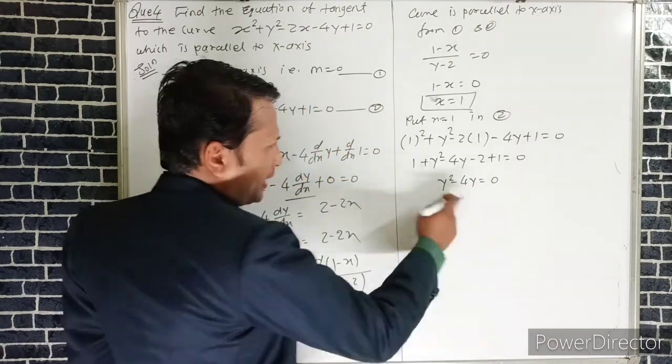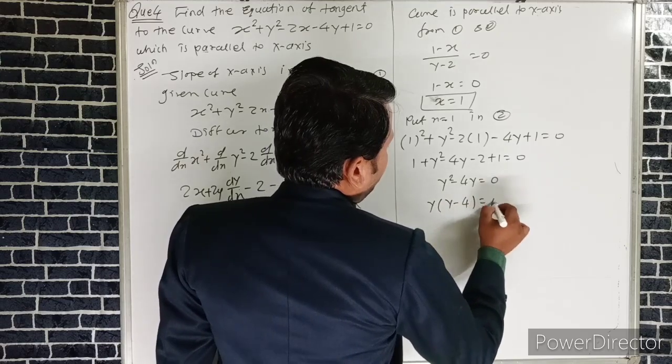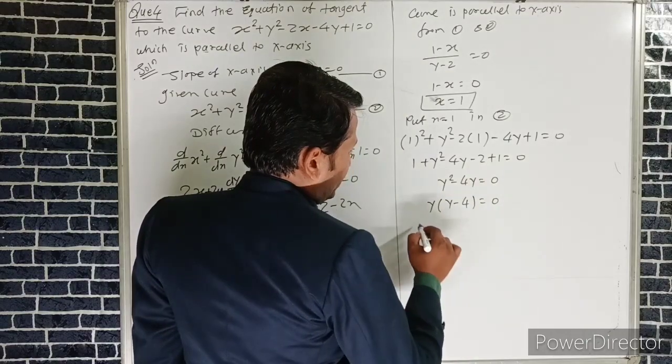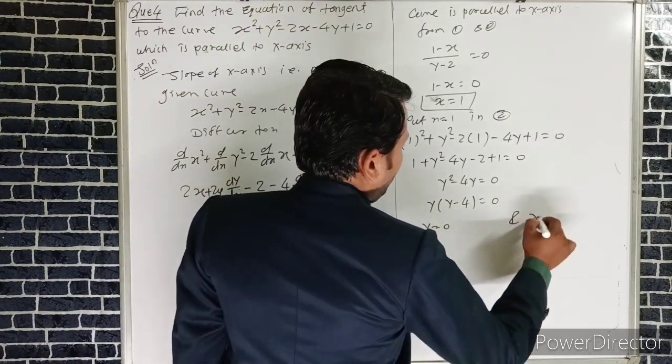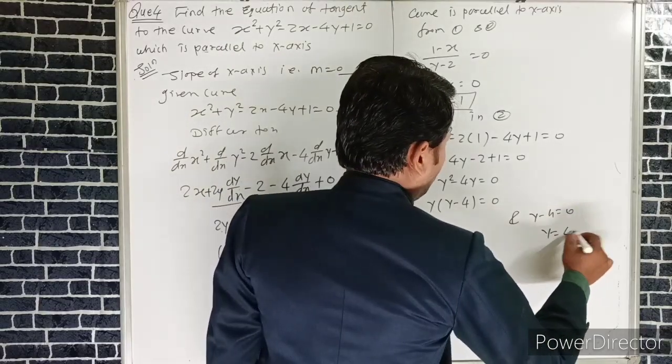Taking y common from both terms, we can write y(y − 4) is equal to 0. Therefore y is equal to 0 and y − 4 is also 0, so y is equal to 4.